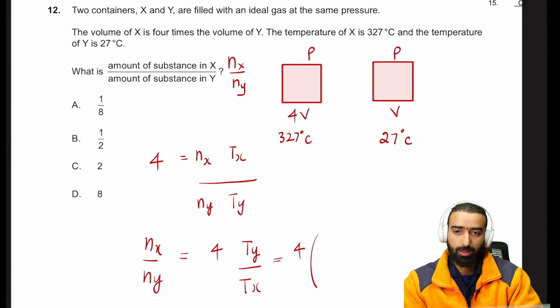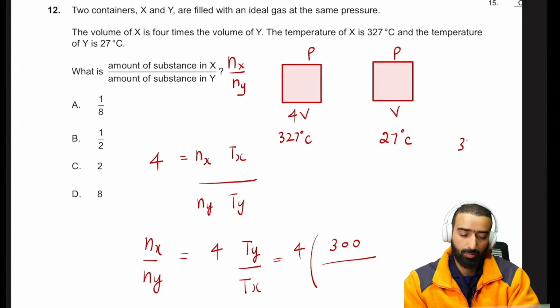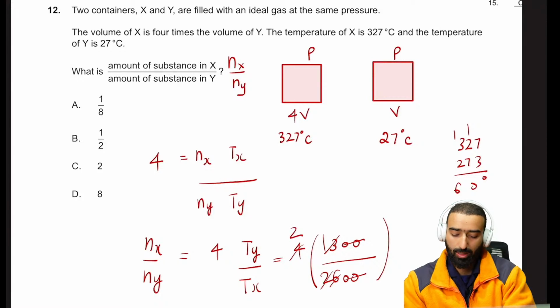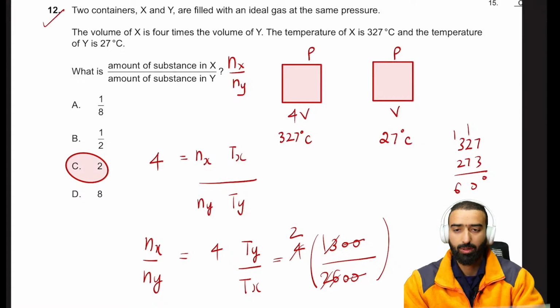It would be 27 plus 273, that will be 300. And the temperature of X is going to be 327 plus 273, that will be 600. 300 over 600 gives 1 over 2, and that 2 cancels with the 4 to leave 2. So we get a value of 2. Right? So that solves this question.